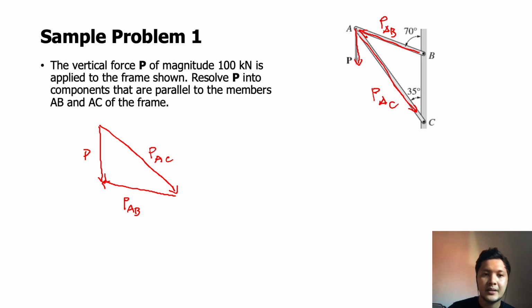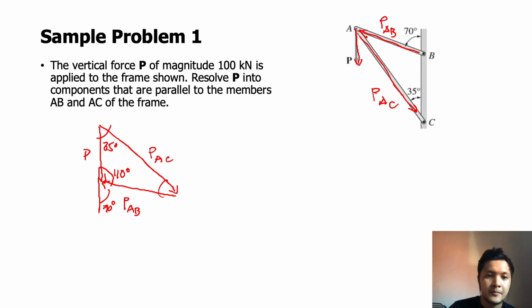Now notice that the angle between PAC and the vertical wall is 35 degrees. And the angle between PAB and the wall is 70 degrees. Therefore, this is 70 degrees. So we're left with this angle, which is 110 degrees, since 110 and 70 is 180 degrees.